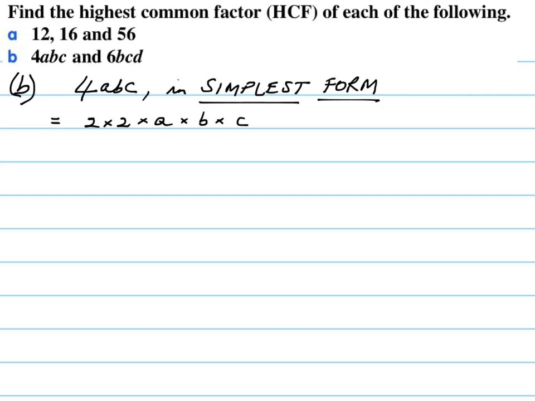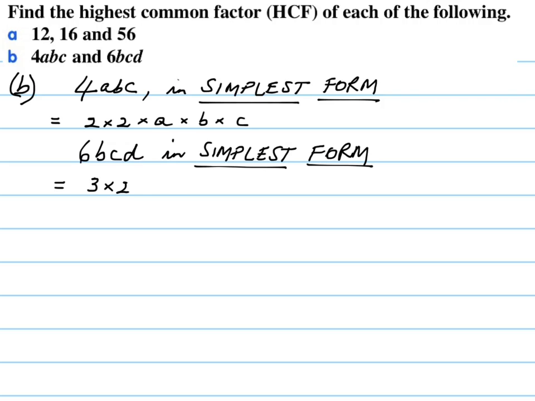You'll see that I've split the 4 up, factor treated into 2 times 2, then times A, times B, and times C. And 6BCD in its simplest form is similarly 3 times 2 times B times C times D. Now, what we've got to do is work out the highest common factor. Have a look. What's in common? I can see the 2's. The 2's are in common.